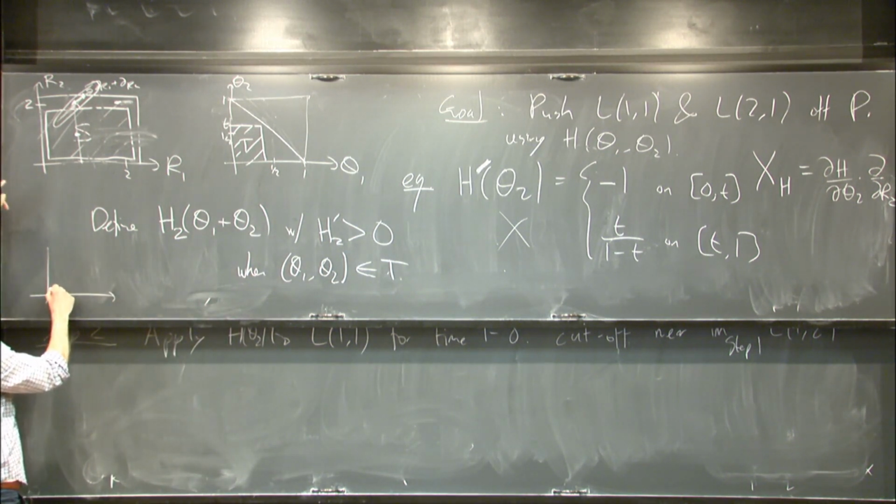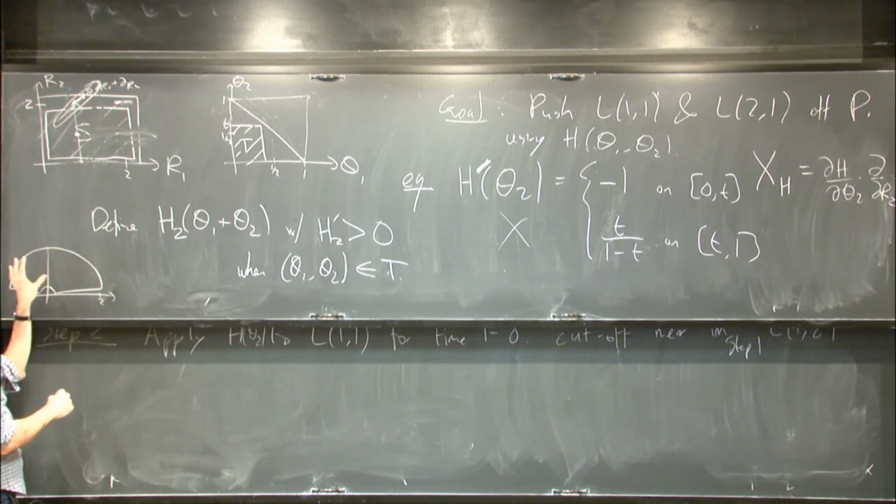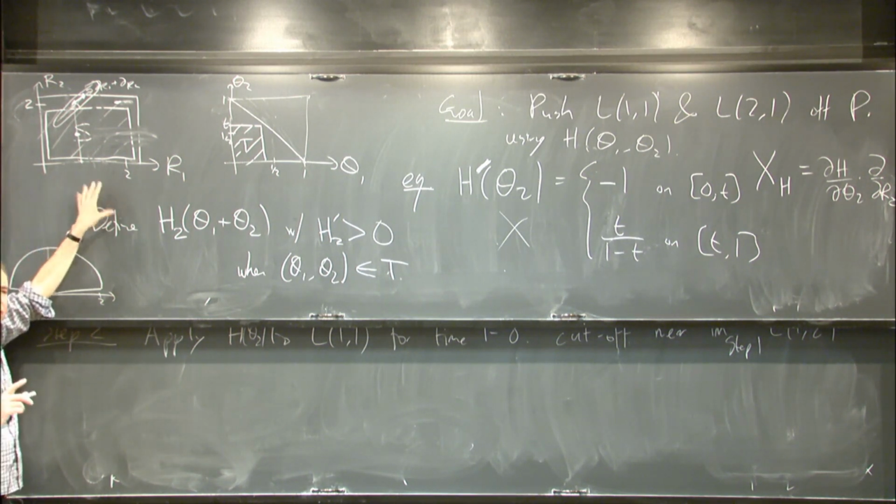It's not a fully toric one. So θ1 goes a little bit less than a half, and then R1 goes more or less out to 2, something like that. But it's still area 1, is the point. It's not area 2, you're only doing area 1.